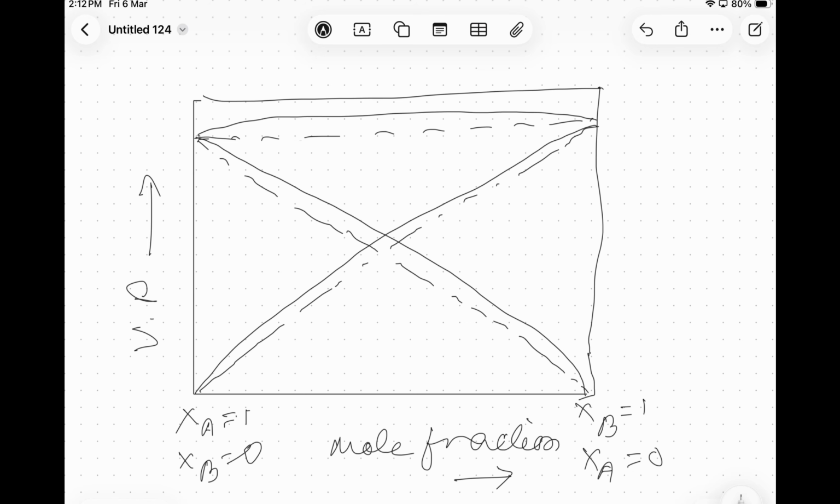So this one is vapor pressure of PA naught, PB naught, PA naught, XA. B decreases.